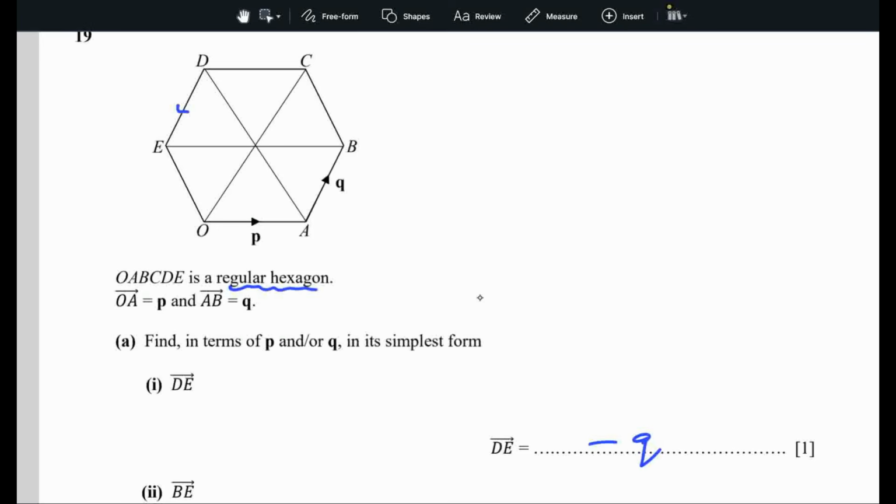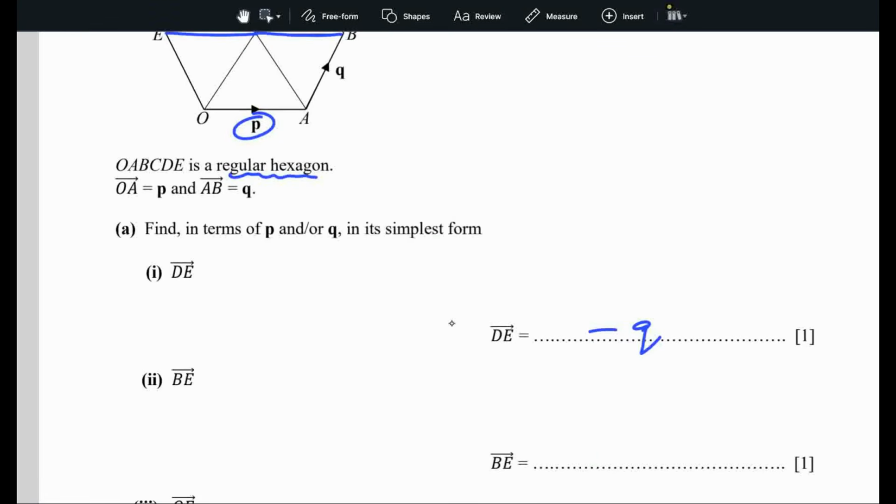How can we find out BE? We know that this is a regular hexagon, so this one is basically double of this, but the direction is opposite. So this will be equal to minus 2p.